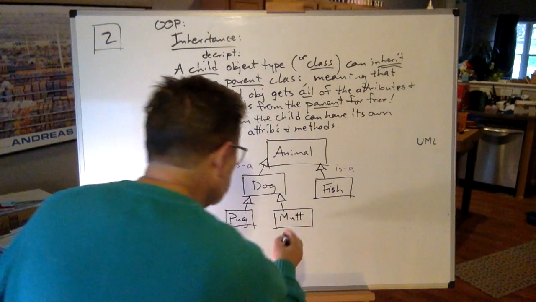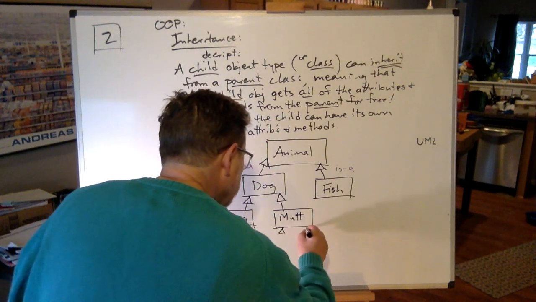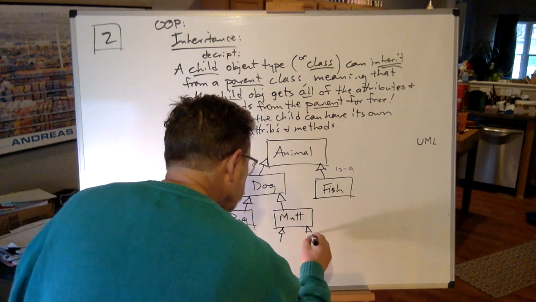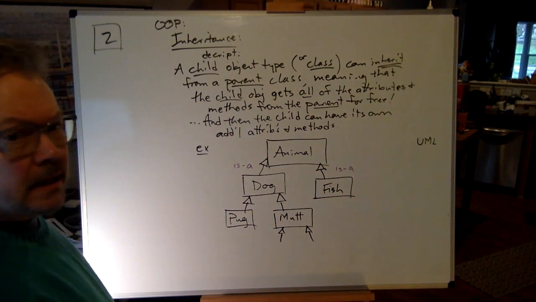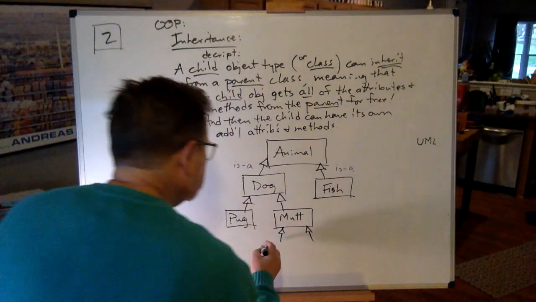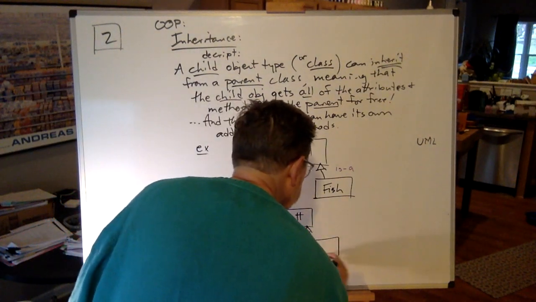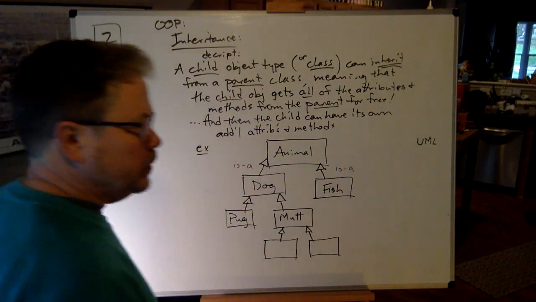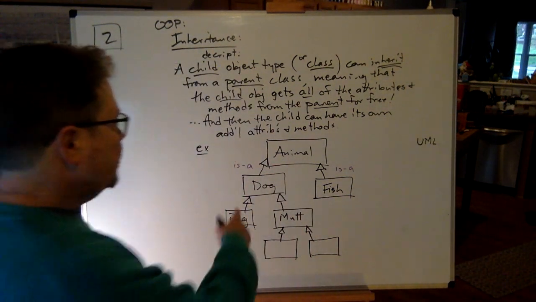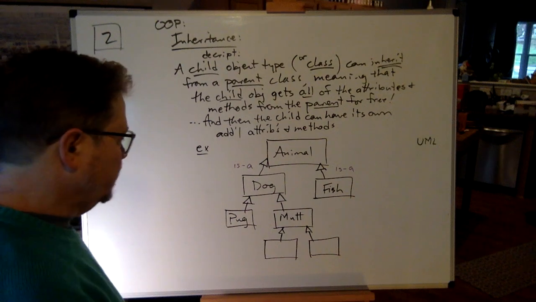And wait, there's more. Beneath this, I'm going to stop it at this level. Beneath this, we could have specific mutt objects. Each of these, they're object types, that's true, but we might not have any specific objects that are, for example, nothing but an animal. They're not a more specific type of animal. Nothing but a dog. There's not a more specific type of dog.